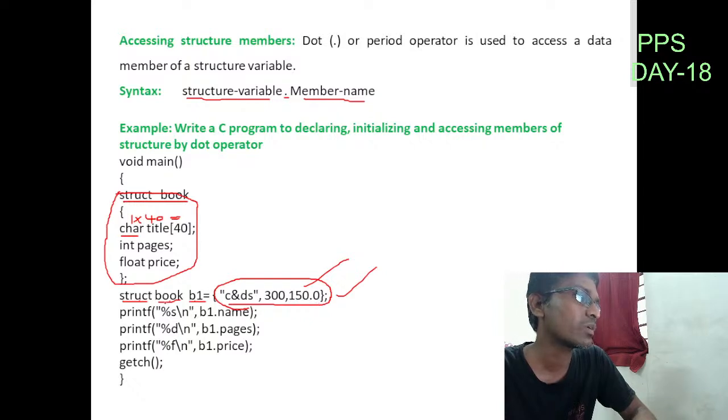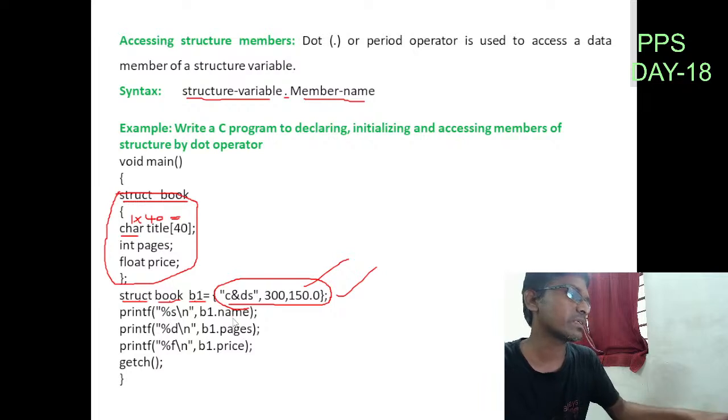Now I am going to print the title, pages and price of the book. For a character, I will use a string, so %s followed by the structure variable, followed by the dot operator, followed by the name, price or title.